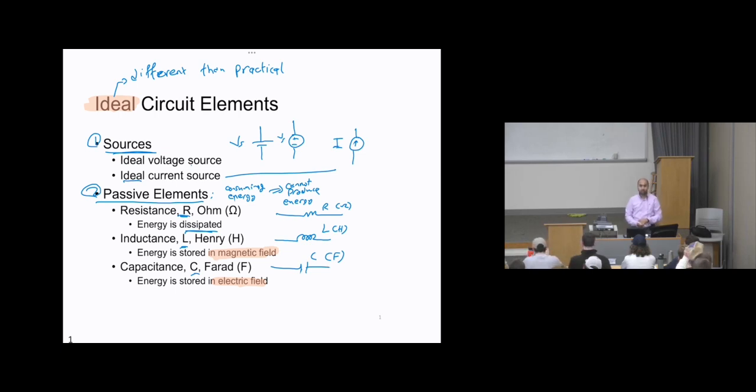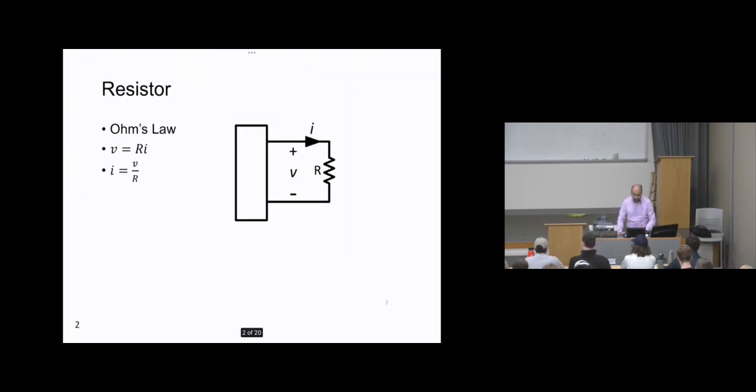Now my target is: what's the relationship between voltage and current using these passive elements? That's my question, so that's what we are going to discuss. The relationship between the voltage and the current using the inductor, resistor, and capacitor.